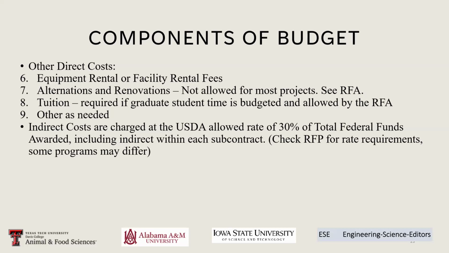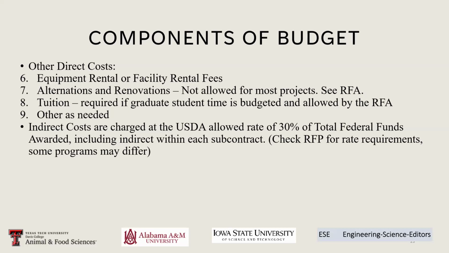Tuition is another category for graduate students that I commonly see in the budget, and people list those out specifically: how much the cost is for tuition, how much time for the grant. And then other areas as needed.